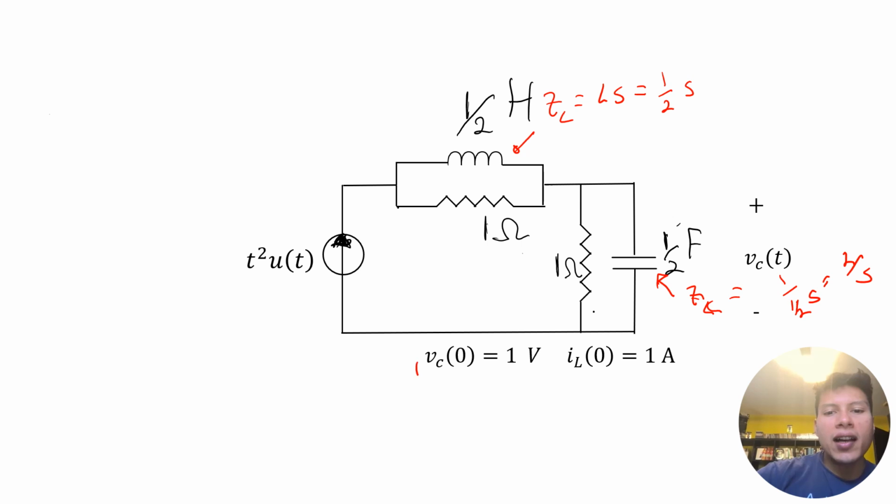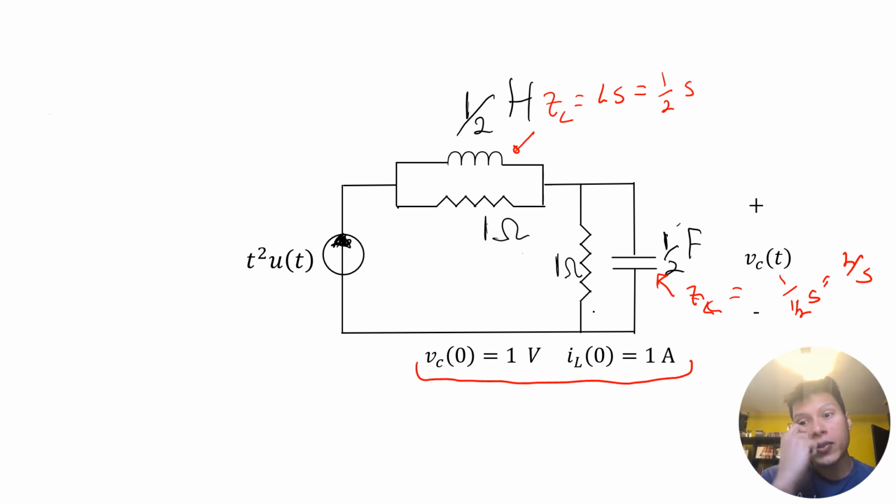Additionally, if we have non-zero initial conditions, we derived some models for the circuits involving both the capacitor and inductor, and we basically added sources to incorporate the initial conditions. So if we recollect, let's say we want to use the parallel models.